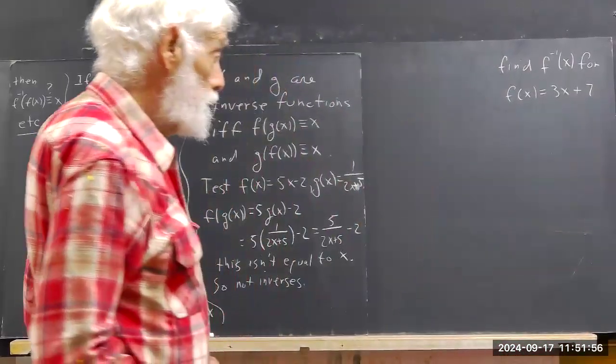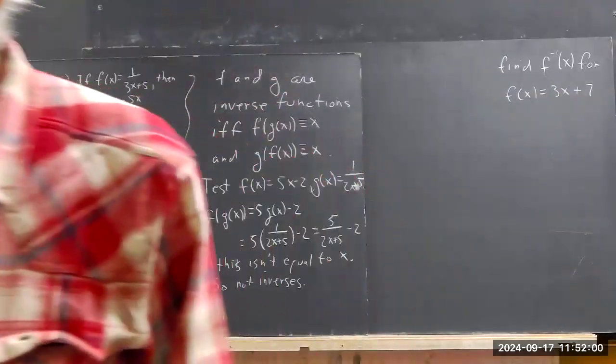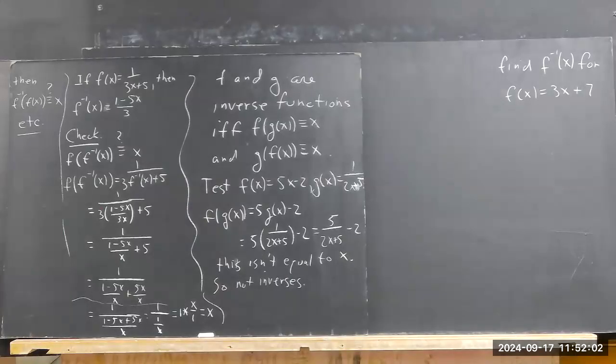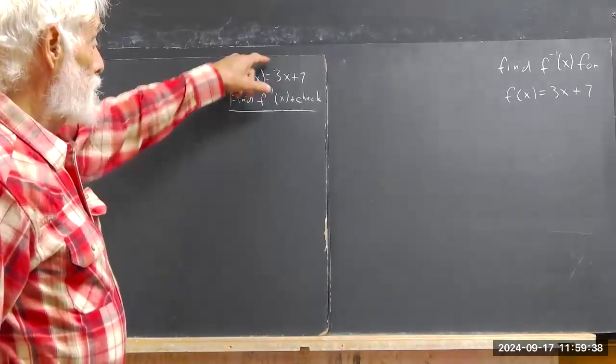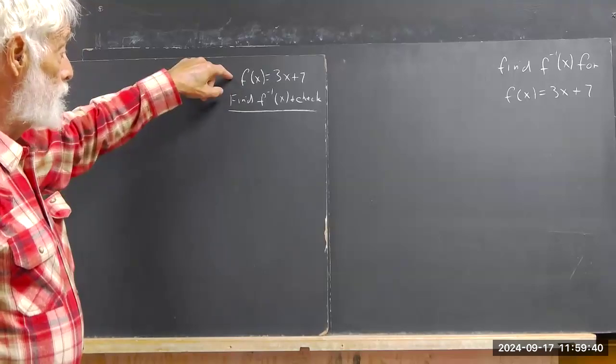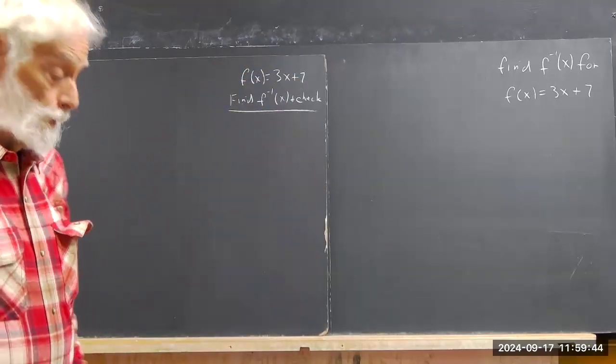Find the inverse of f of x, and then check it, because checking it is always part of doing the problem. So, starting the solution here: f of x equals 3x plus 7. We're going to find f inverse of x and check.